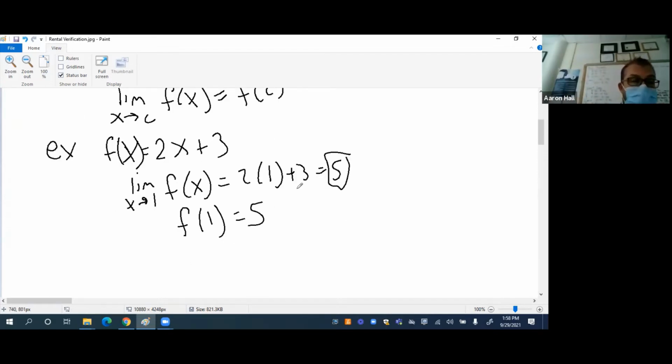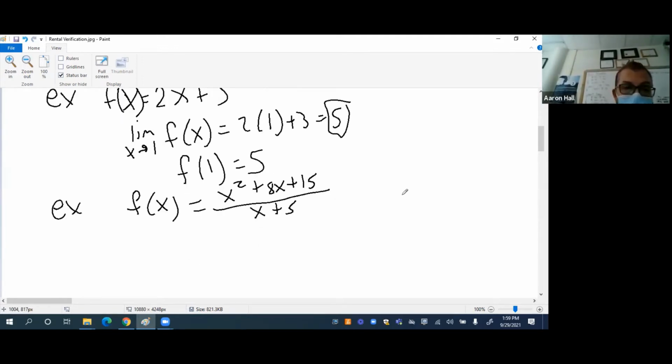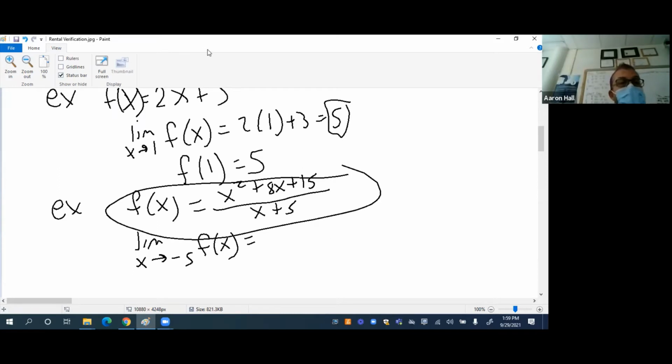Let's do another example. What if I have something like this? Let's do a more difficult one. My function is x squared plus 8x plus 15 over x plus 5. Now, I'm looking at the limit as x approaches -5 of our function f of x. What does that equal? Well, how do we find the limit for this?